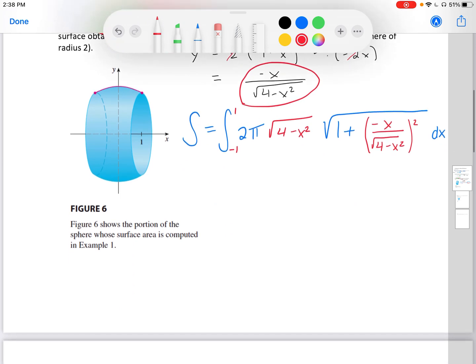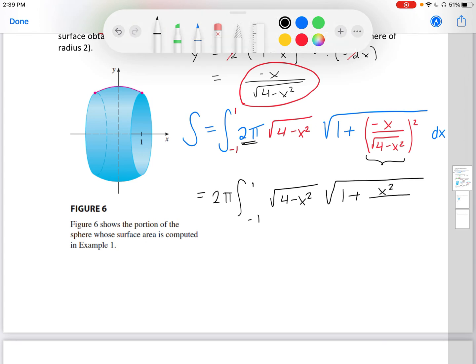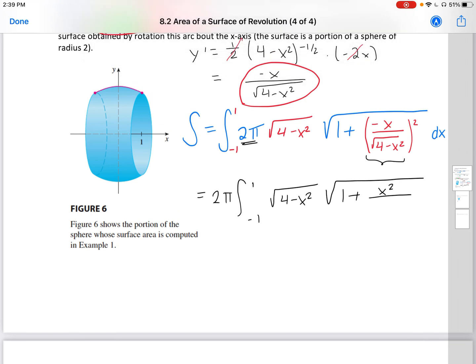From there, we just go ahead and try to integrate and simplify as we work along our integrand. All right, so on the inside, we see we square that derivative, and we can also move this constant to the front, so that we have 2 pi, our integral from 1 to negative 1, of the square root of 4 minus x squared times the square root of 1 plus, that negative x squared turns into positive x squared.